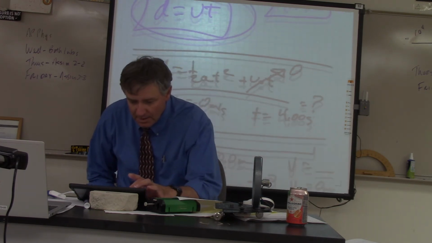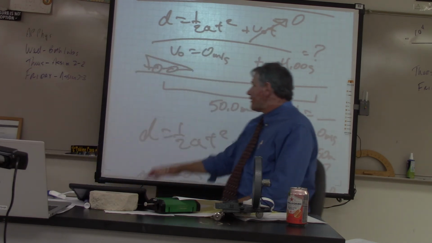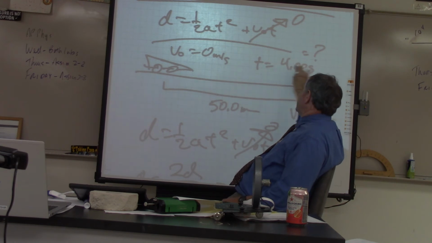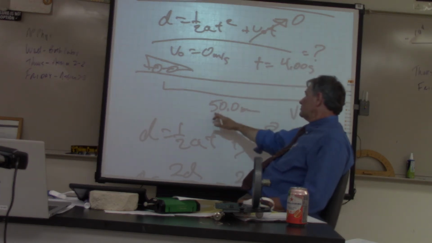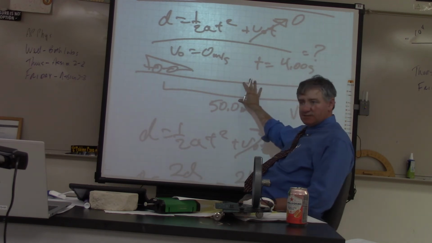Okay, so here's how this would play out. Let's say you have a car starting from rest. It's going to accelerate for 4 seconds, and you're going to travel a distance of 50 meters, and you want to figure out what's the acceleration.